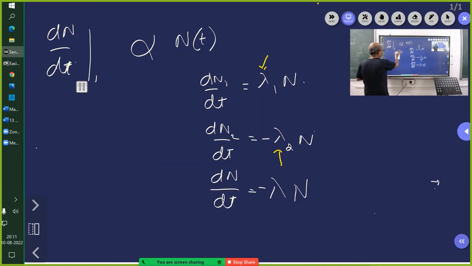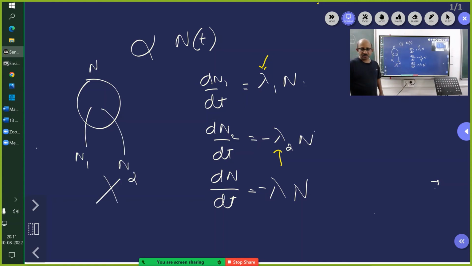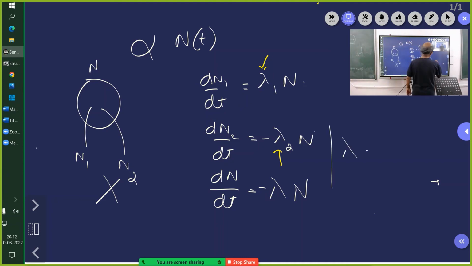Initially what I gave you, the logic we followed, that there is n, and some n1 will decay with lambda 1, n2 will decay with lambda 2, will not hold good. Understood? It will only depend upon the total constituents of the decay that is present at a given instant of time. Yes. Therefore you will get lambda equal to lambda 1 plus lambda 2.